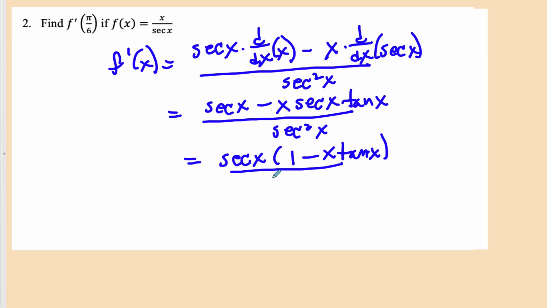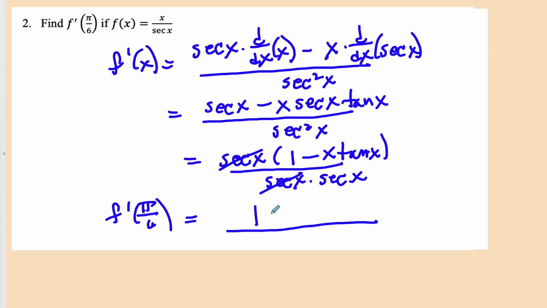So I'm going to do this, and remember secant squared x means you're just multiplying it twice. And so I'm going to reduce so that I have less work when I actually substitute, and so I'll go ahead and do that right now. I'll substitute pi over 6, and that's going to be in my numerator. That'll be 1 minus pi over 6, and the tangent of pi over 6 is 1 over root 3.